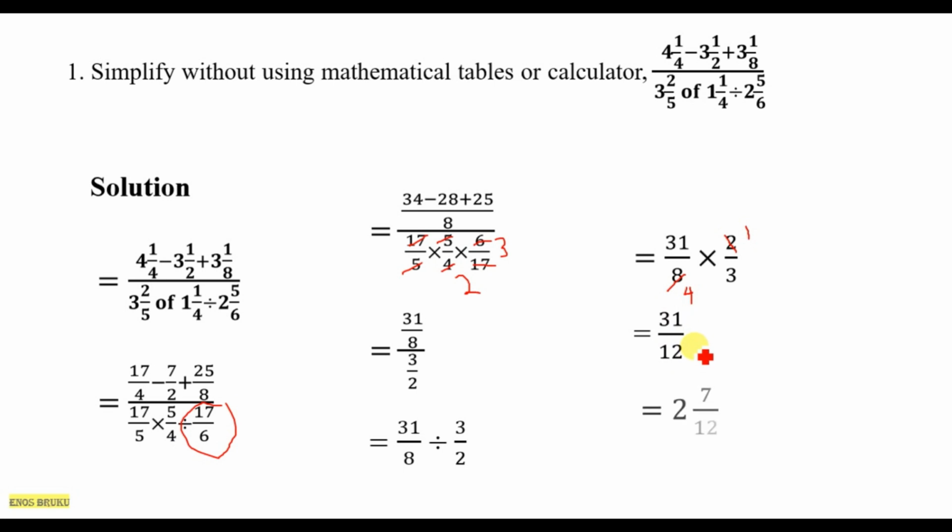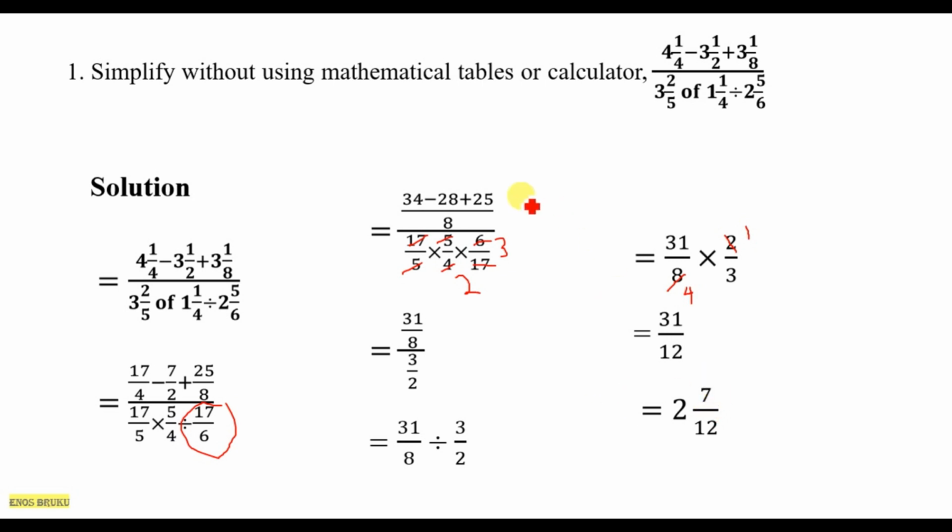The 12 will go into 31 two times, which gives you 24, and then it will be left with 7 to get 31. So the remainder, you will leave it at the numerator side. So 12 goes into 31 two times, remaining 7. So now this 31 over 12 is equal to 2 whole number, 7 over 12. All right, so that is our final answer.